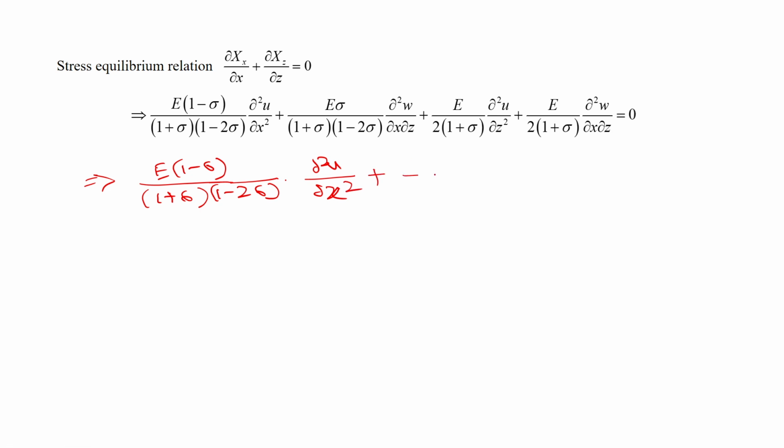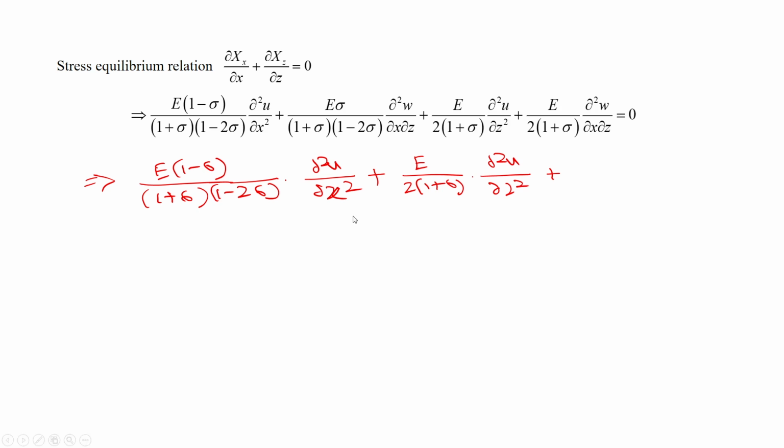This is E by 2 into 1 plus sigma into del square u by del z square plus I have got the del square w by del x del z term.